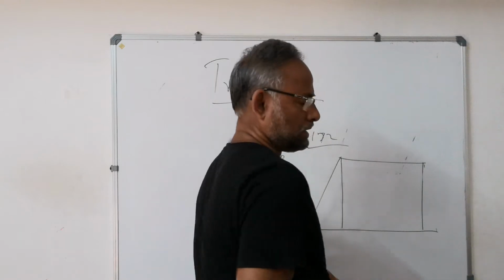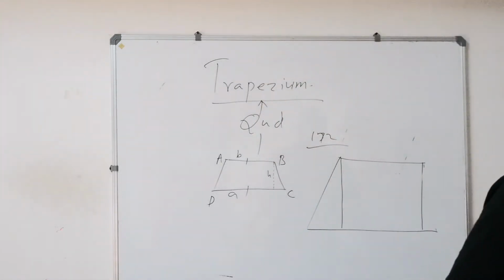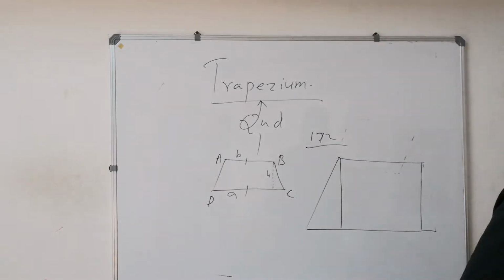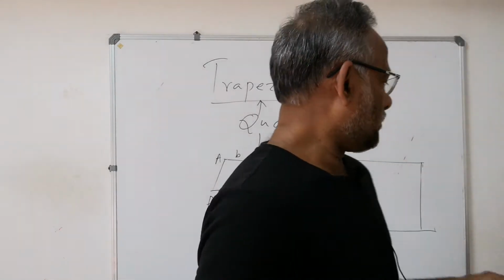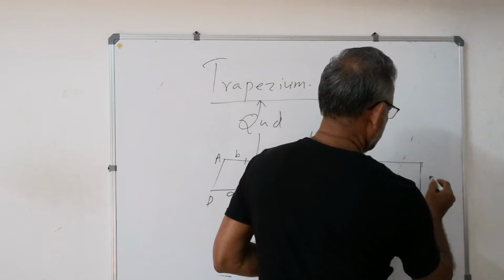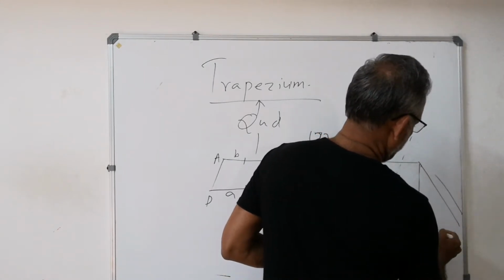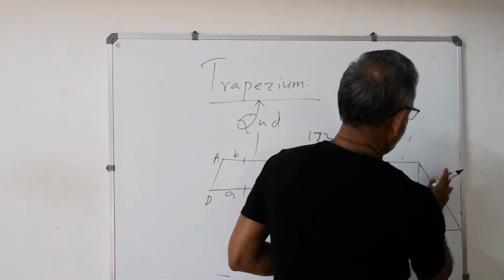So trapezium, I told you, one pair is parallel. That is a trapezium. Now by cutting with this method, see, my trapezium was like this. Here you are getting one triangle, here also another triangle.